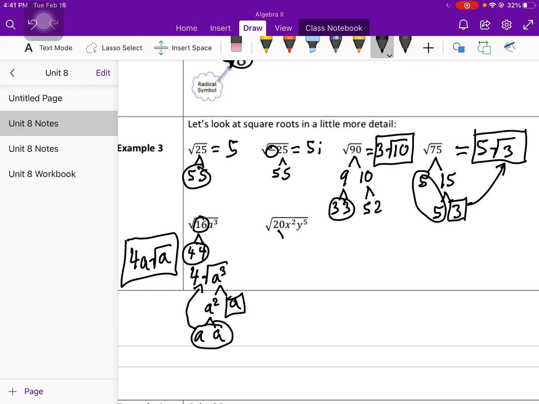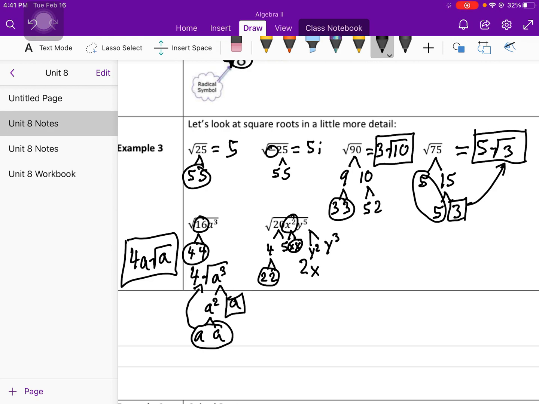Same thing here. 20 we can break down into 4 and 5. 4 breaks down into 2 and 2. There's a group. So I'm going to pull 2 outside. x squared is perfect because it breaks down into x and x. There's a pair. I get another x. And then y to the 5th we could think of as y squared, y cubed.